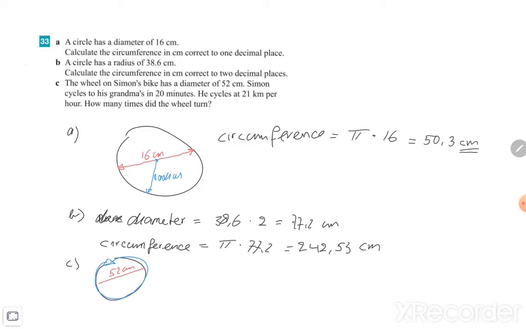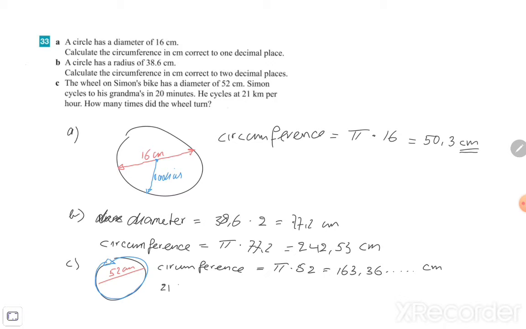To calculate the circumference, we need to do pi times 52, and pi times 52 is 163,36, etc. centimeters.